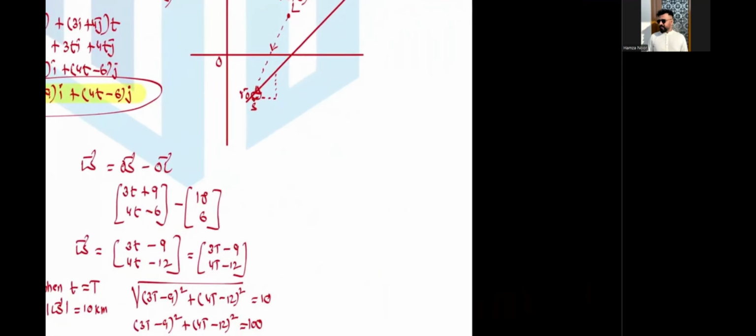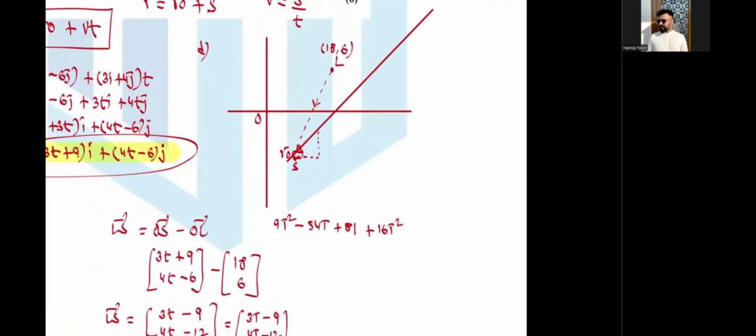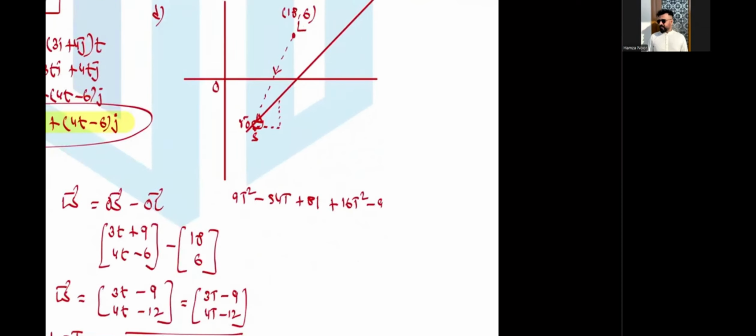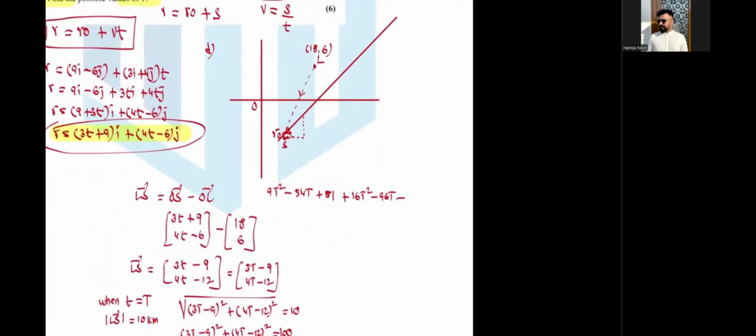So I'm going to do the working over here. (a minus b) squared, meaning 3T squared first, a squared minus 2ab, meaning 2 times 3T times 9, so minus 54T, and then plus 81, and then plus (4T) squared, so 16T squared, and then 2 times 4 times 12, so after 16T squared we have minus 96T, and then plus 144 minus 100, and this is equal to 0.